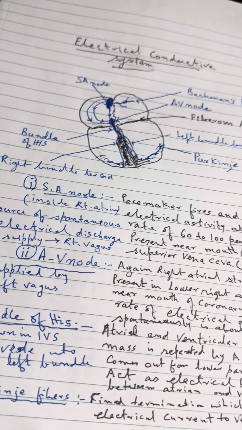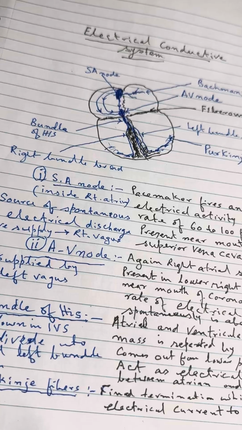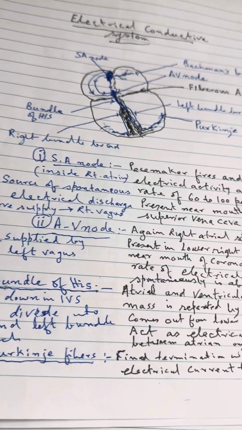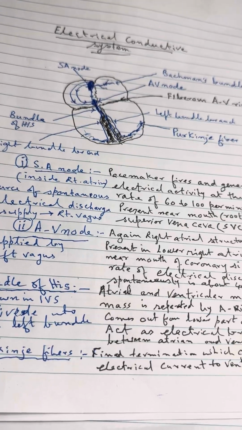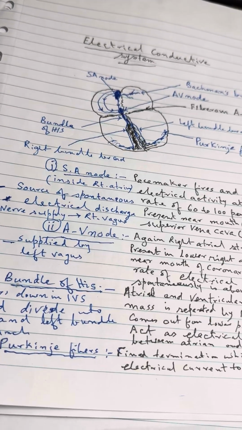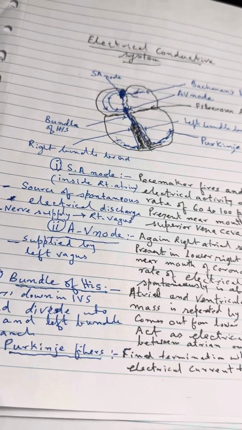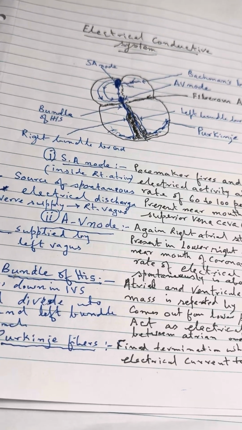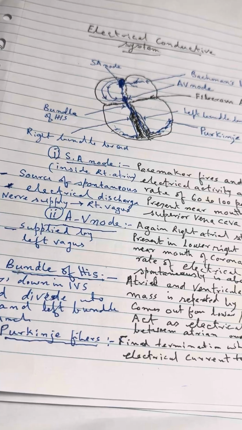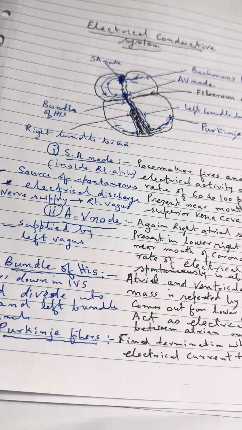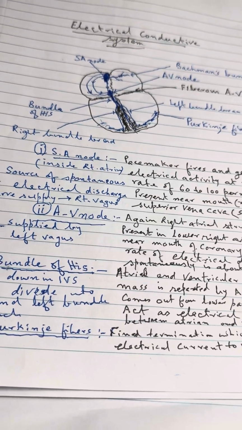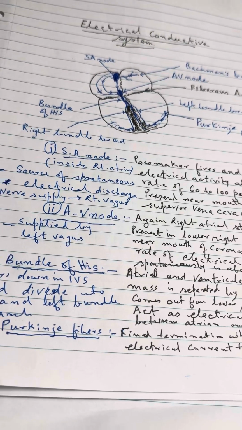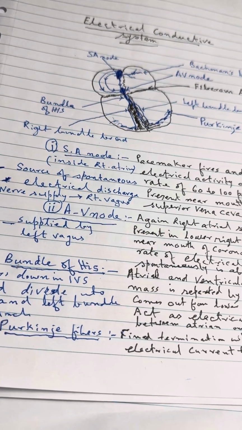Then these branches, although the right is thin and the left is thick, give further branches. The right bundle branch divides into 3 further divisions, which we will discuss later on.